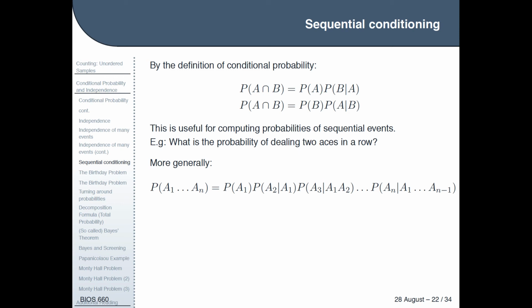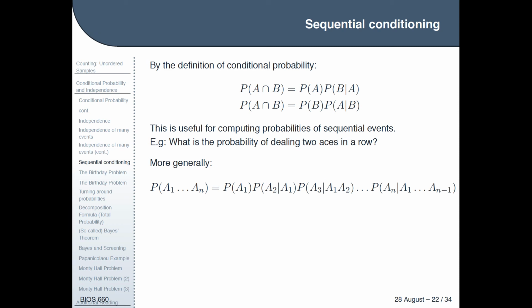This idea of conditional probability is also useful for computing probabilities of sequential events. Say you want to know the probability of getting 2 aces in a row.